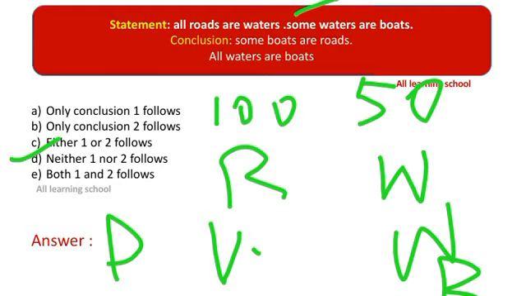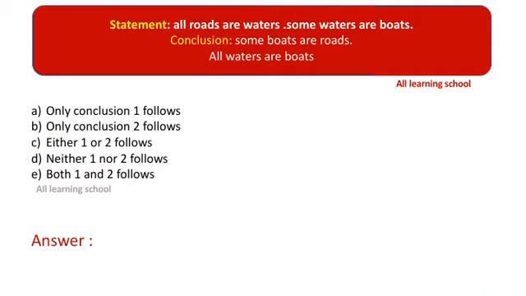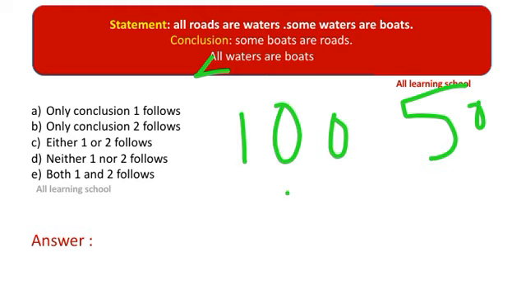And now once again look at this question. First conclusion is some boats are roads, and second is all waters are boats. In the second conclusion, we are solving it by the income-expense method. What is the expense of water in the second statement? If we assign its expense all equal to 150, water will get an expense of 100.